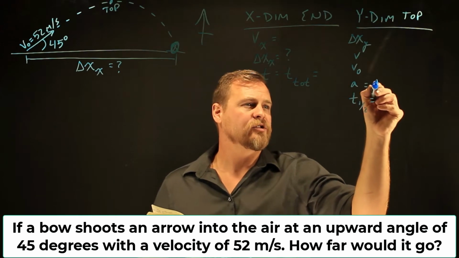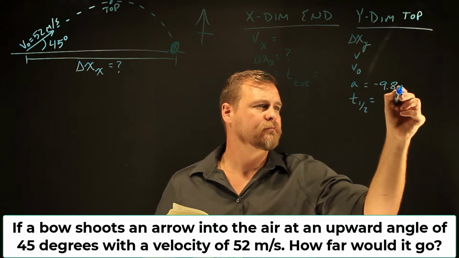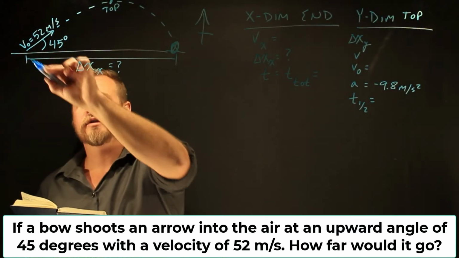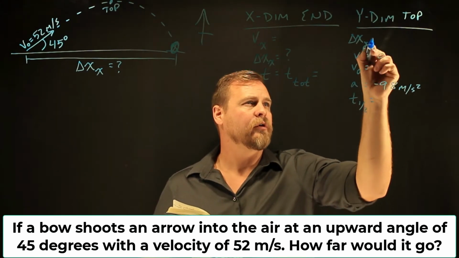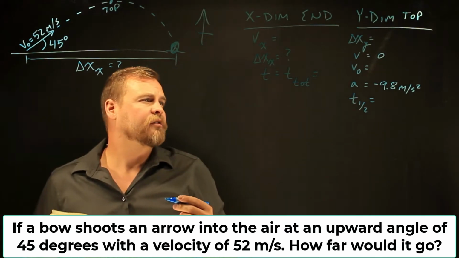My acceleration is opposite of my frame of reference, so negative 9.8. My v naught, I'm going to do some trig over here, I'll show you how to do that. And then my v at the top is going to be 0. And my height, I don't really know. I could find it if I needed to.